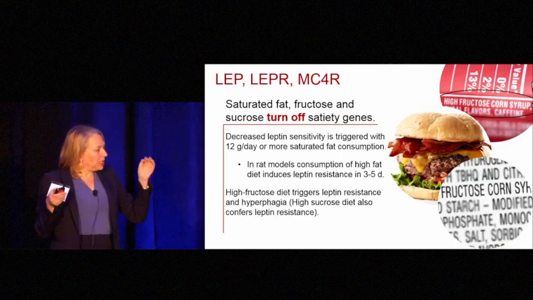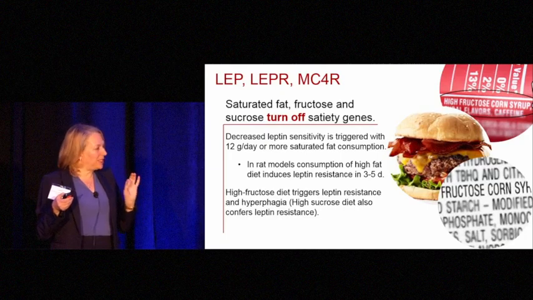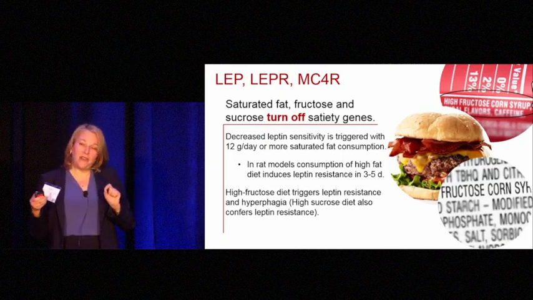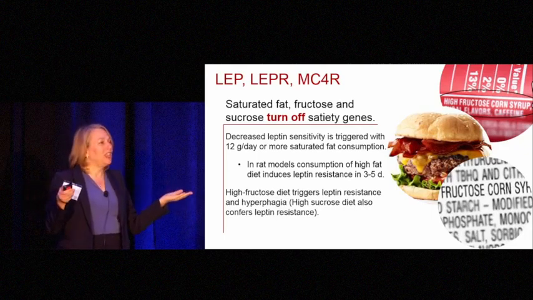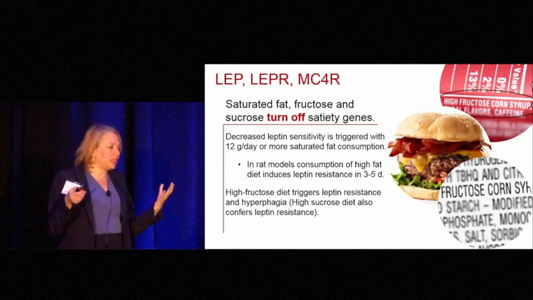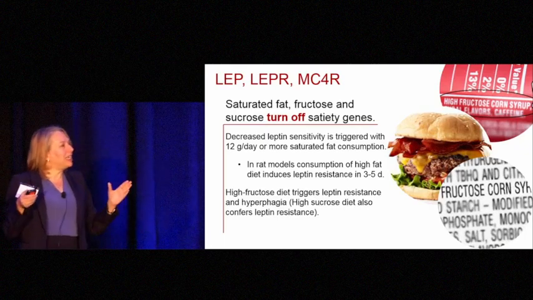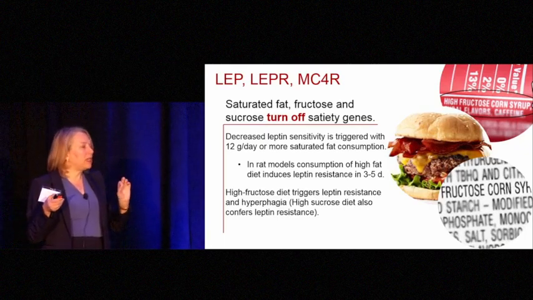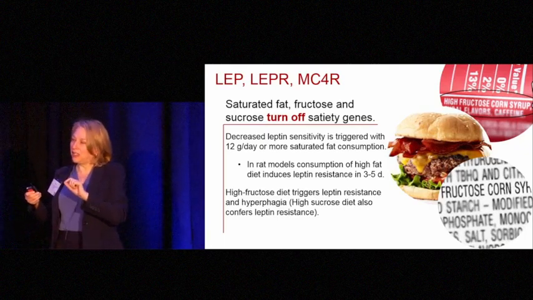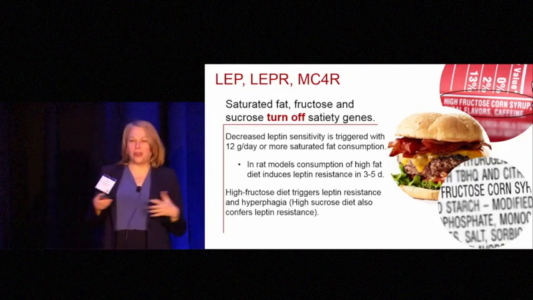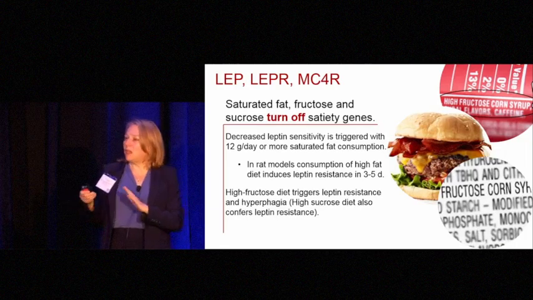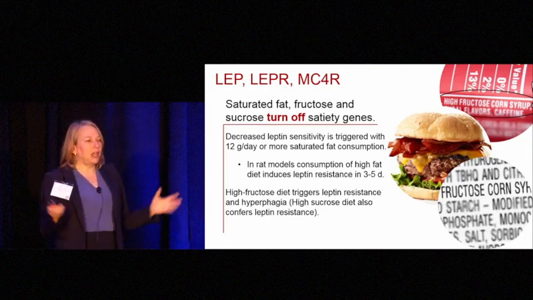Interestingly, it only takes about 12 grams a day of saturated fat or more, which is not very much, you know that better than I, to affect those genes. And so a high-fat diet, it really should say high saturated fat, because these genes are not affected by the monounsaturated fats, by the omega-3s, things like that. So it's not about the nuts and the seeds and the olive oil and the fish.